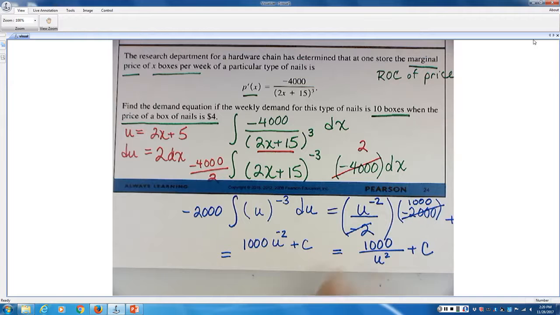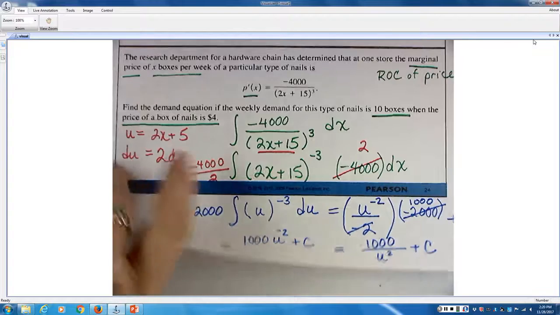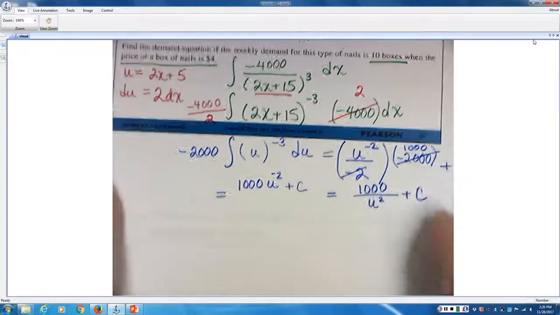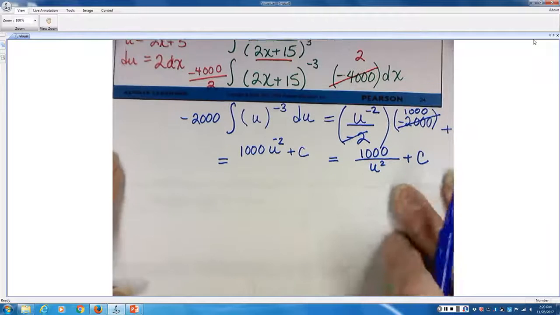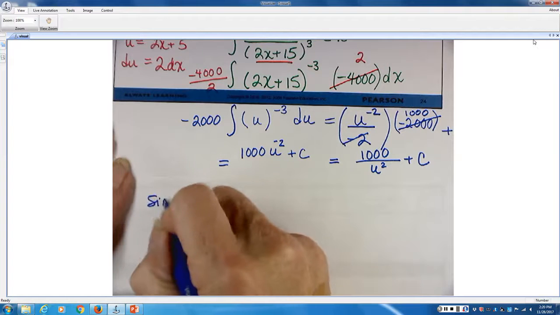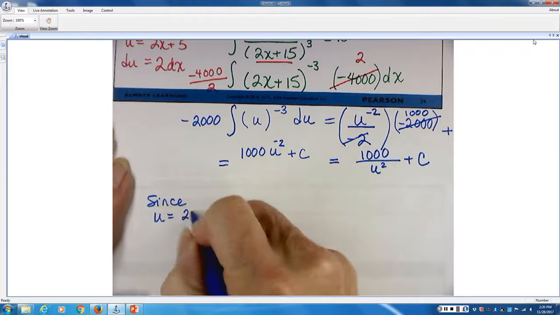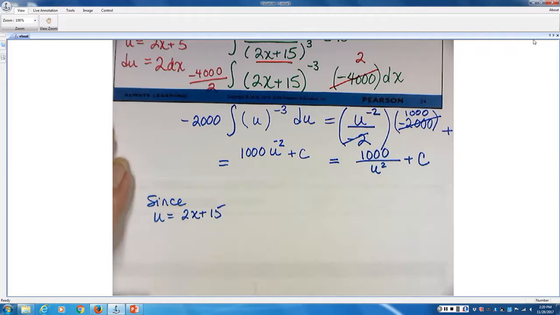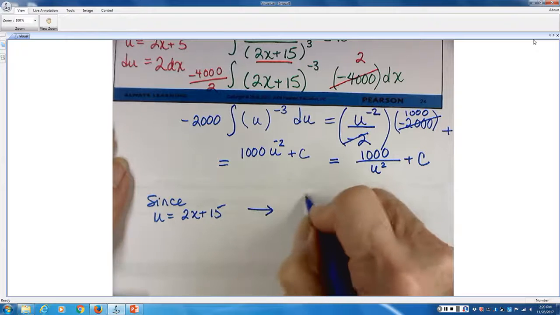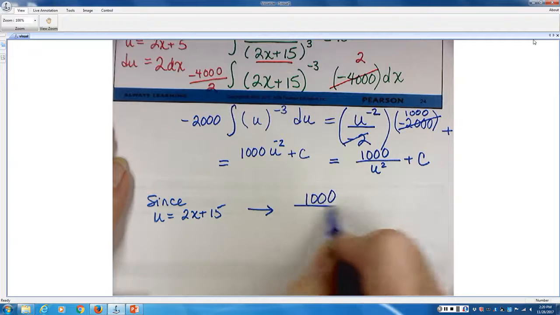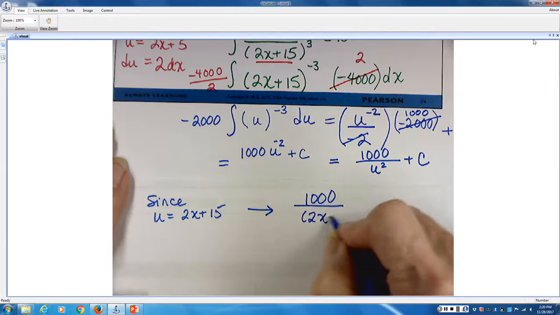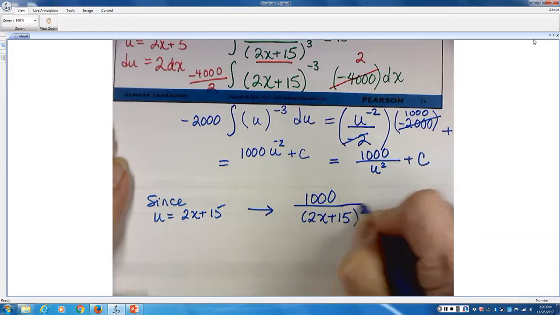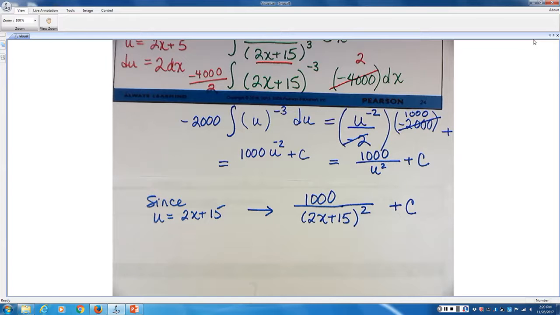And at this point, since this is the simplest form that we can get, we'll go back in and substitute 2x plus 15 for u. And that's plus our constant.